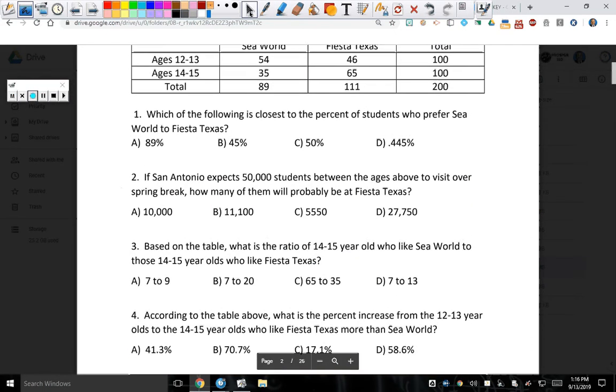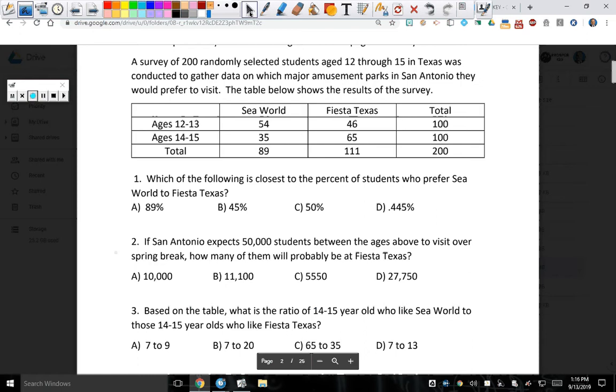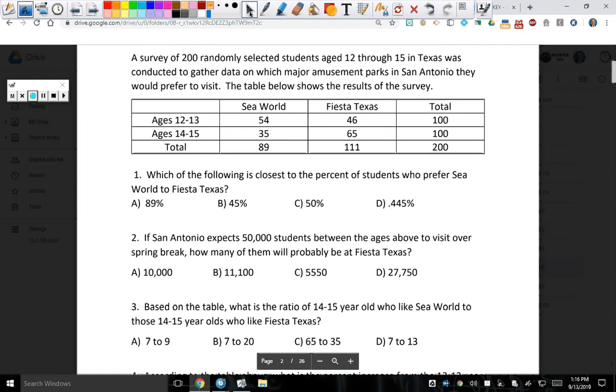Jackson. Based on the table, what is the ratio of 14 to 15-year-olds who like SeaWorld to those 14 to 15-year-olds who like Fiesta, Texas? Jackson, how do you set this up? 35 to 65. Is this a ratio or is this odds? Ratio.